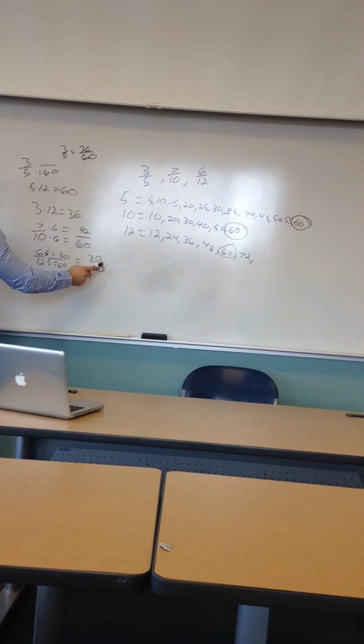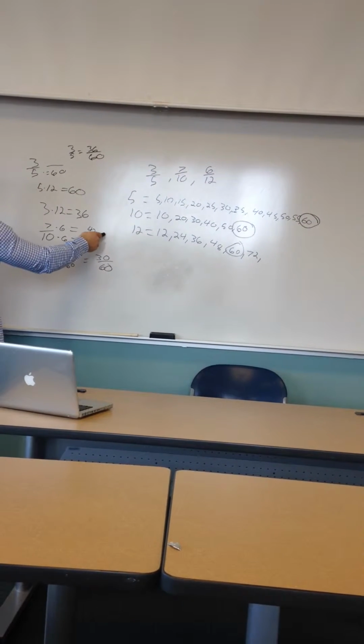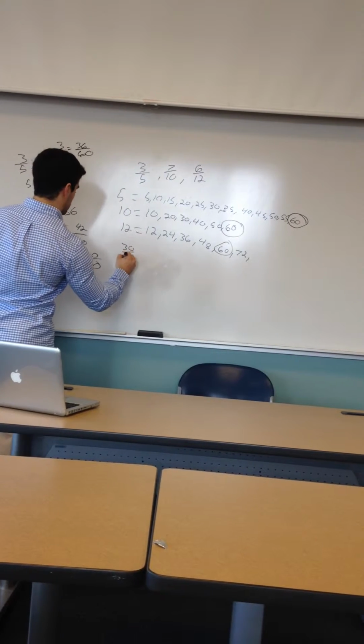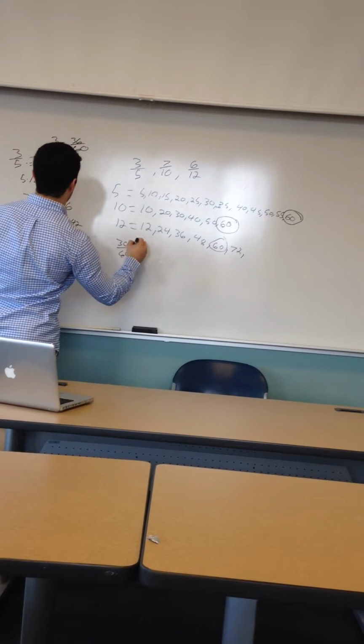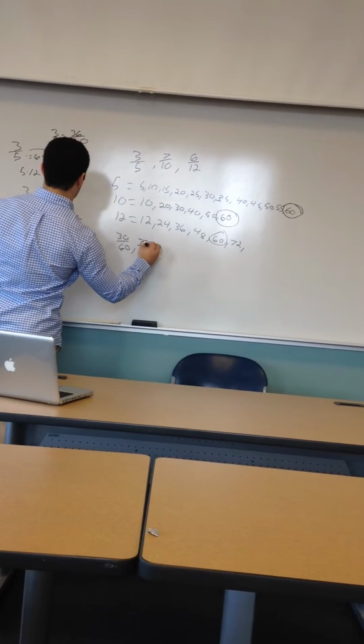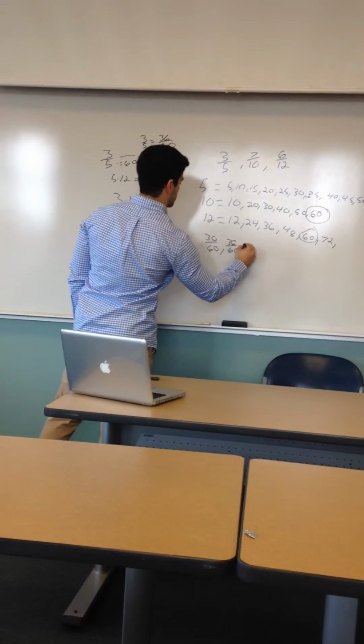Now we have the same common denominator, so we can put these from least to greatest, which is 30 over 60, 36 over 60, 42 over 60.